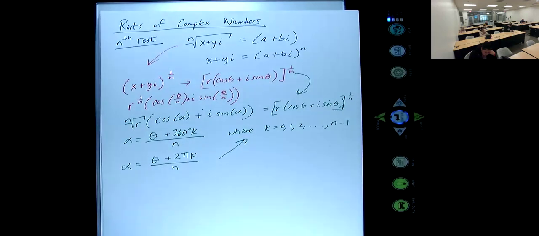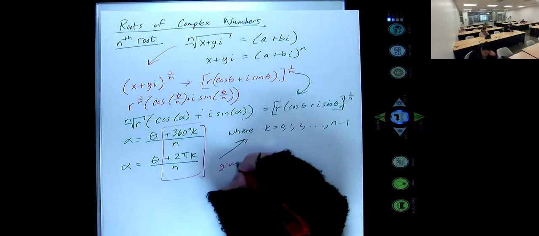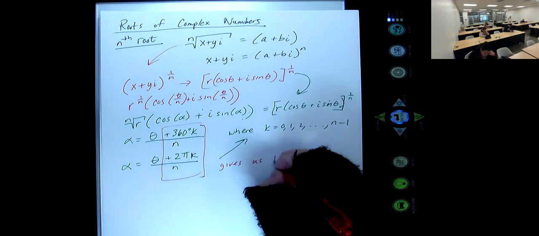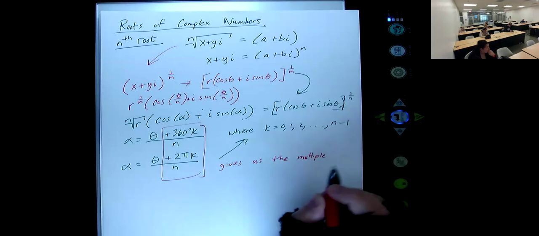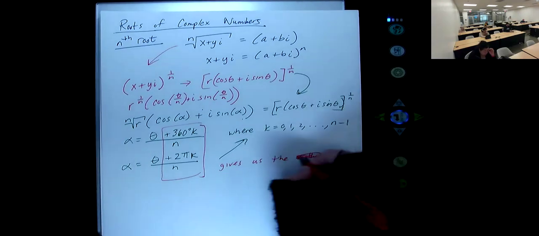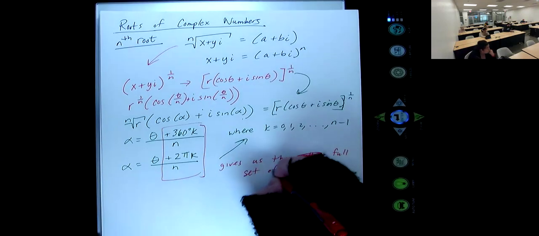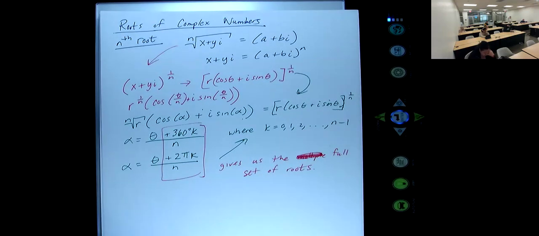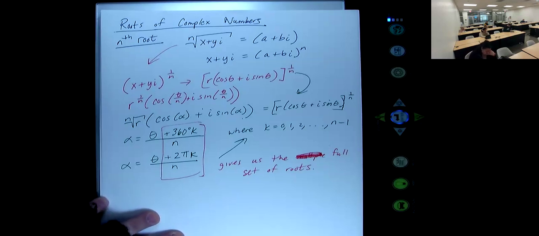So this part here gives us, I don't want to say multiples, because it's not a multiple of theta, it gives us the full set of roots. I think the first example is going to be the best answer. This will make more sense when we do the first example, because I'll give you something that you know the root for.